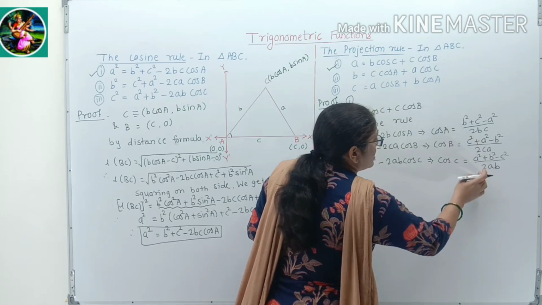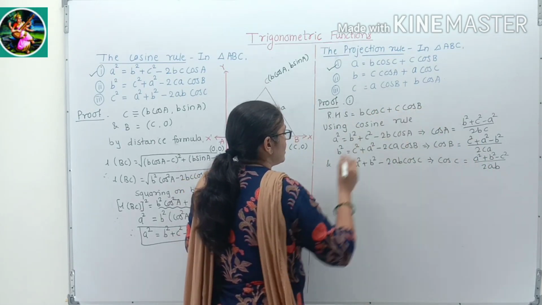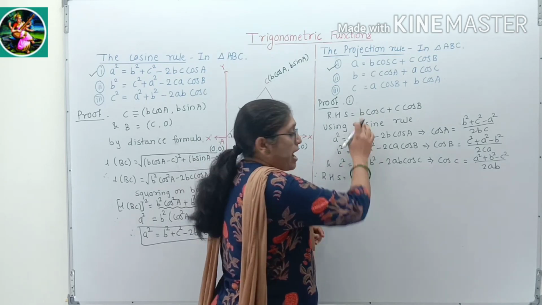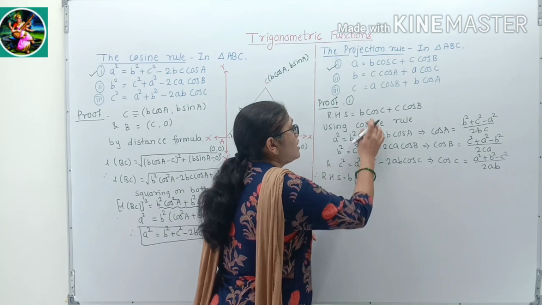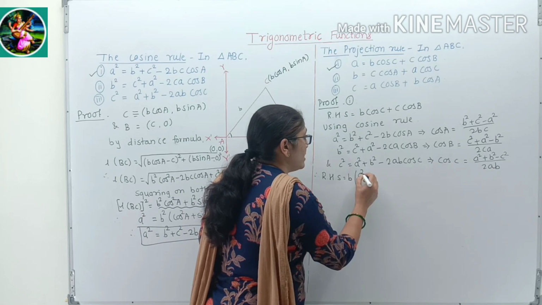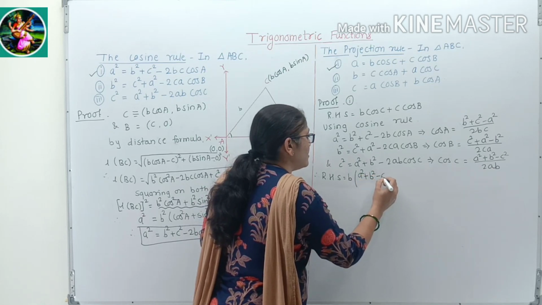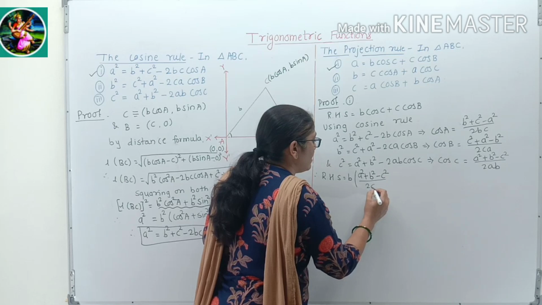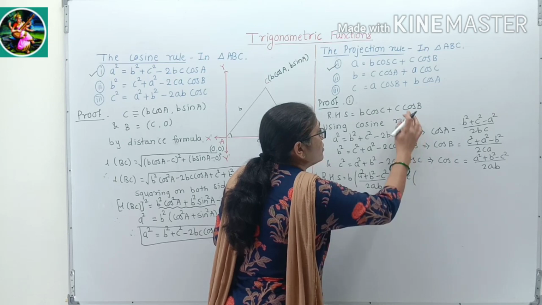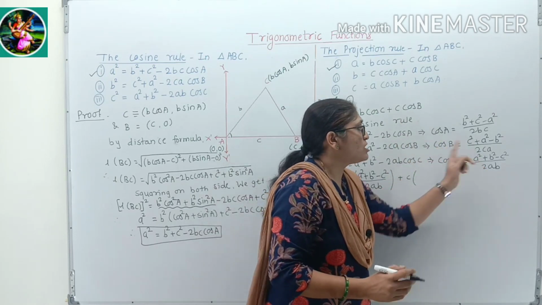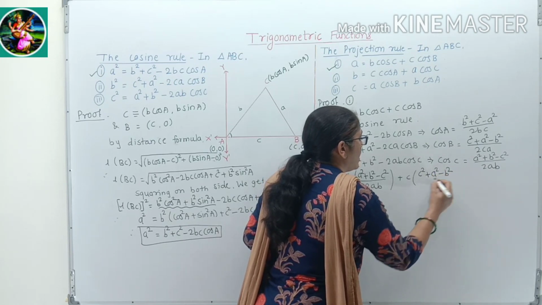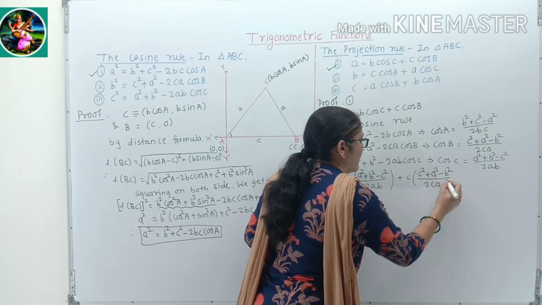We substitute these values in that RHS. Therefore, RHS is equal to b as it is into cos C, here we have the value of cos C, that is (a square plus b square minus c square) divided by 2ab, plus this c as it is into cos B. The value of cos B is (c square plus a square minus b square) divided by 2ca.